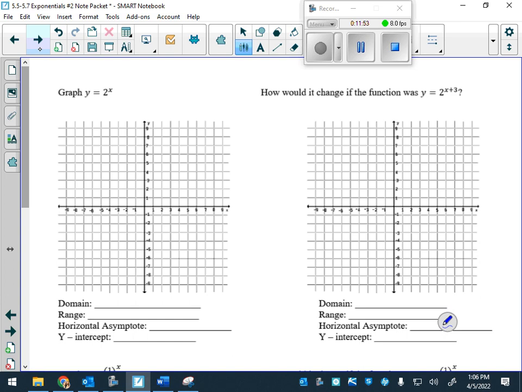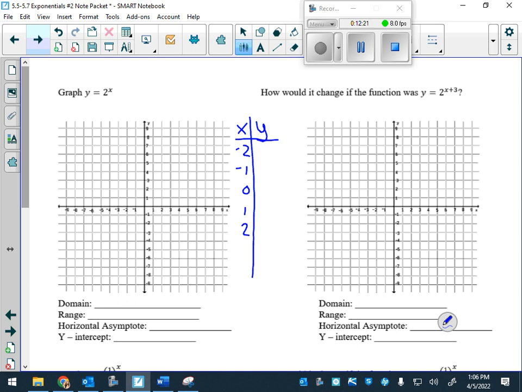All right, let's get into graphing these. Okay. We're going to start with y equals 2 to the x. Since it's a new graph to us, we're going to start with a table of values. And I included 2 more points there so you could see the full graph, okay, and get some exponent practice.